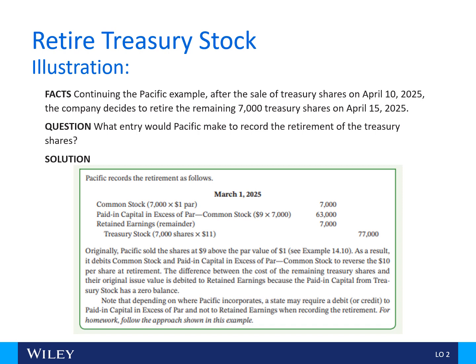It might pop up, but when you do this, you're going to reduce the amount of common shares outstanding, reduce the paid in capital from common stock, and reduce any retained earnings to the extent that you need some additional amount to offset the amount of treasury stock that you're retiring.